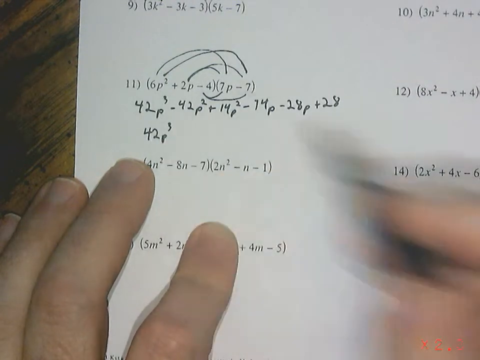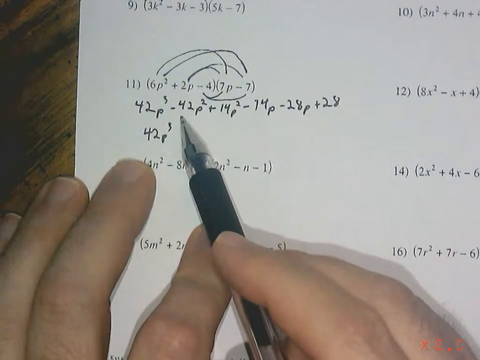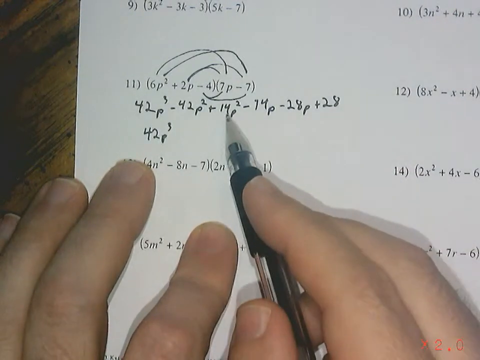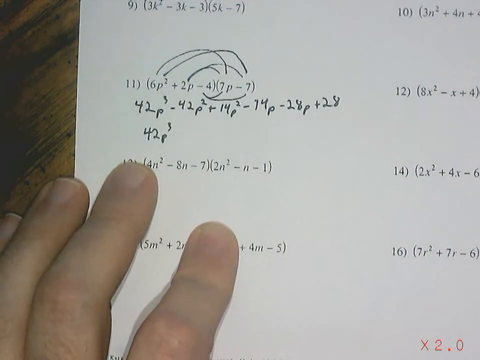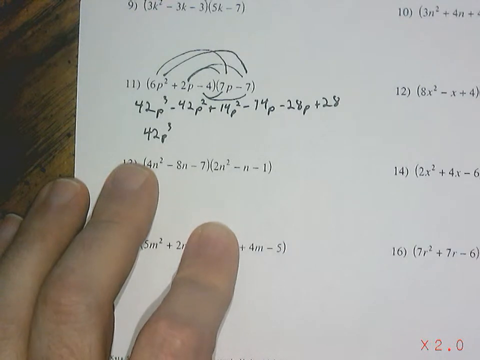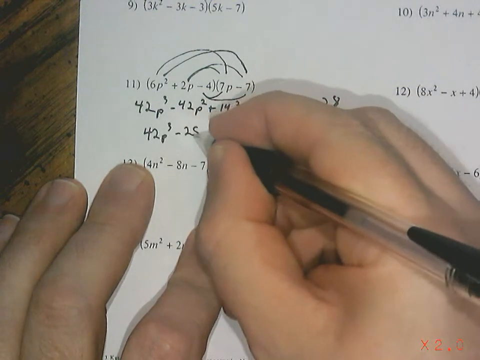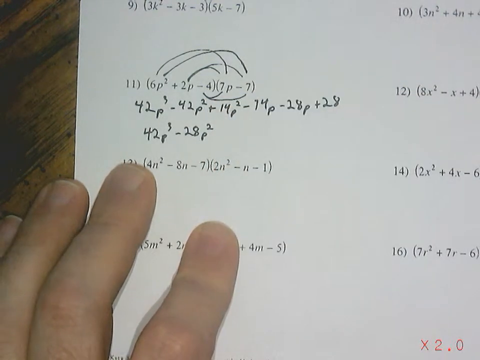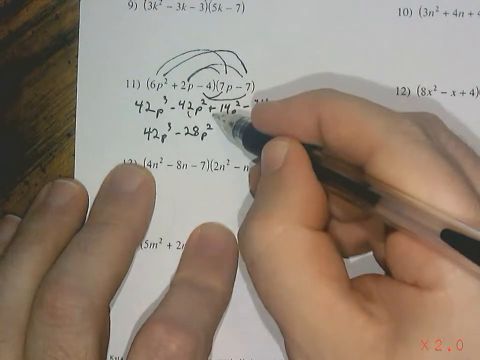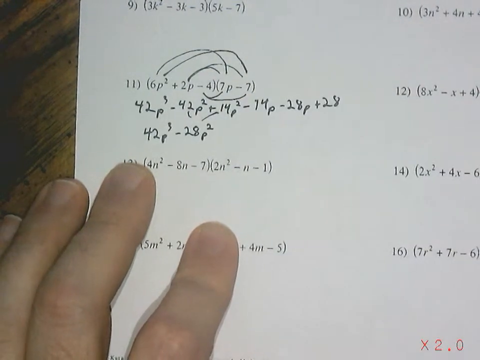Should I? Yeah, I should. So I have negative 42p squared and positive 14p. So combine those, and I am going to get negative 28p squared. Okay? So those combine to become that.